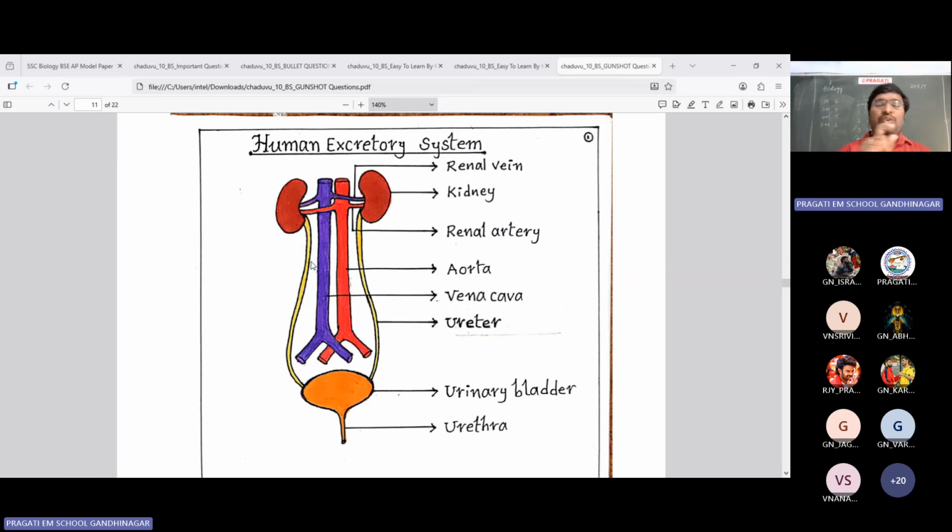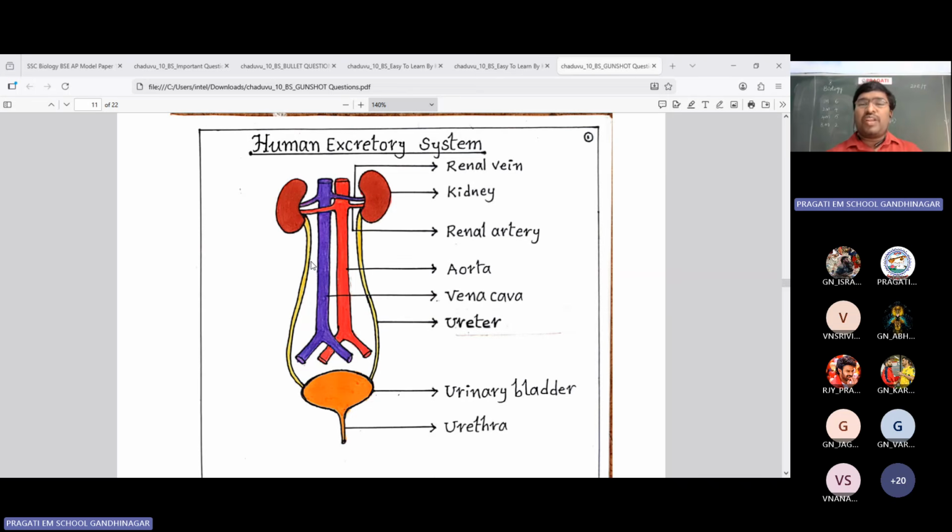See, the heading is human excretory system. After the diagrammatic representation, we should draw the label lines with an arrow mark, then write the exact, correct labeled part there. Don't overwrite.